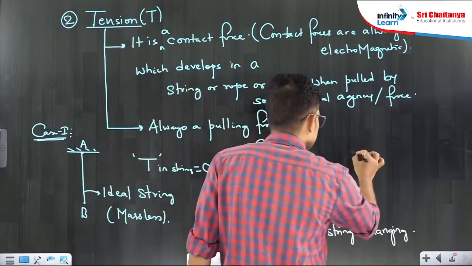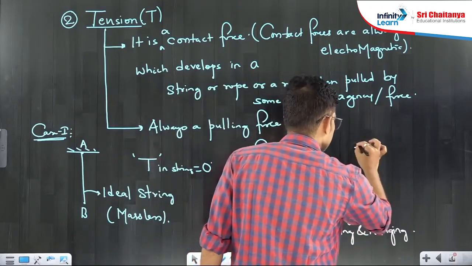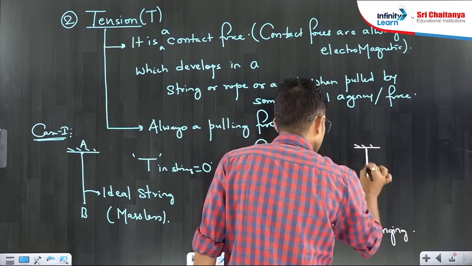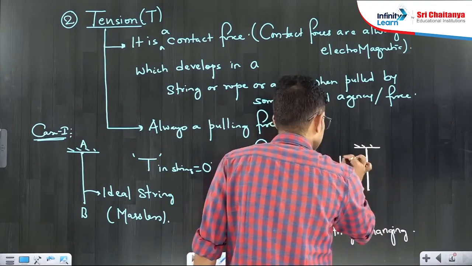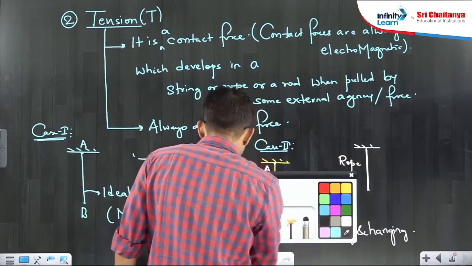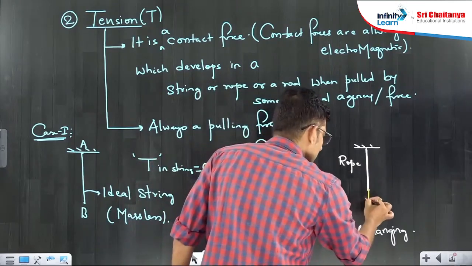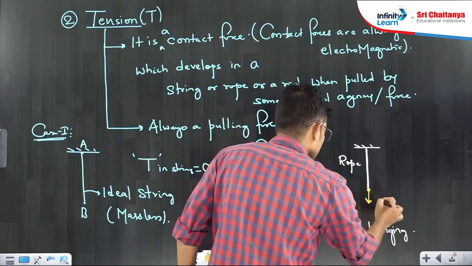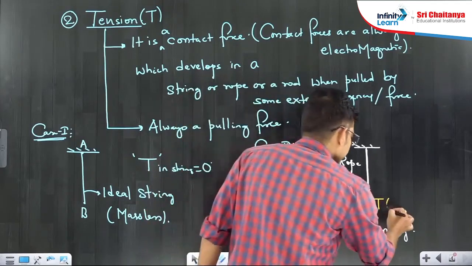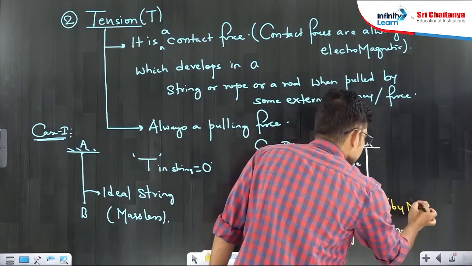So when I see the rope, what force is he exerting on the rope? The force is tension by man.